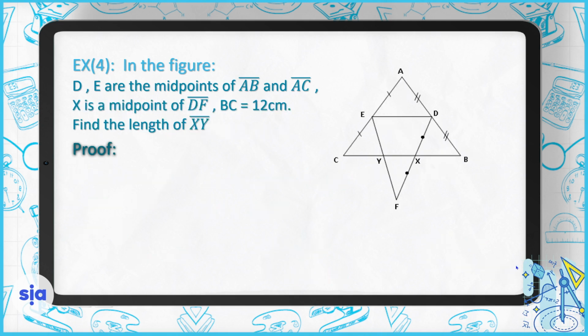Exercise number 4. In this figure, if D and E are midpoints of AB and AC, where X is the midpoint of DF and BC is equal to 12 centimeters long, find the length of XY.